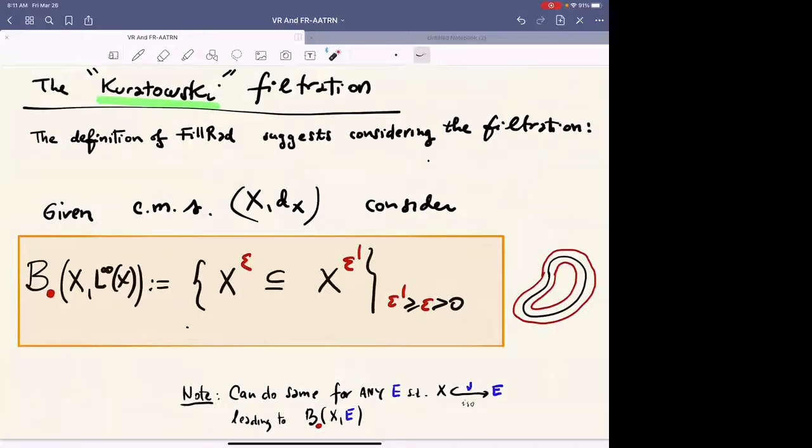So the definition of the filling radius suggests considering what we could call the Kuratowski filtration. So given a compact metric space X, one can consider the collection of nested open balls around X. So this will be the X epsilon, X epsilon prime, and an inclusion between them.